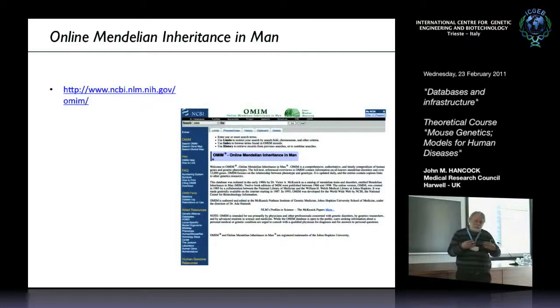What happens in OMIM is that it's hand compiled, which is good, but it's basically just a list of what people know about a particular gene or a particular disorder. So it doesn't use some of the formalisms that databases classically use, but it is really the only source that's available at the moment for human phenotype and disease information that's fairly well organized.